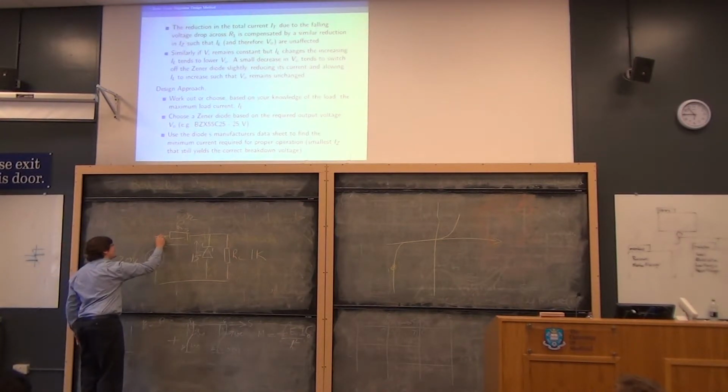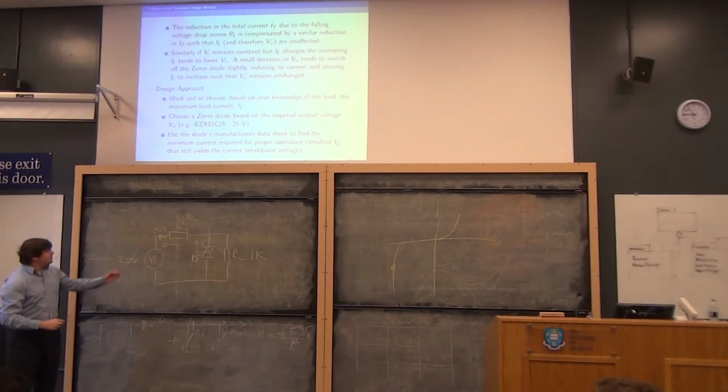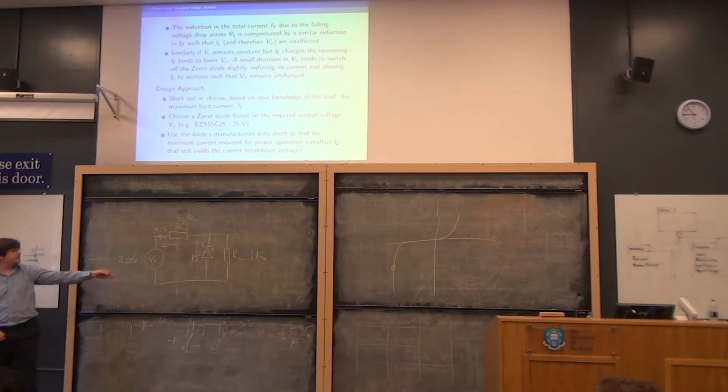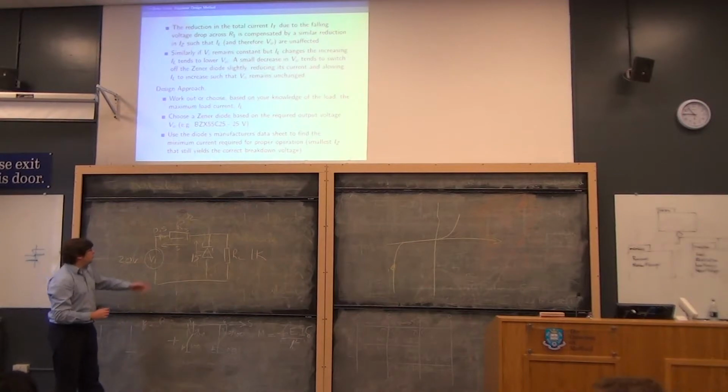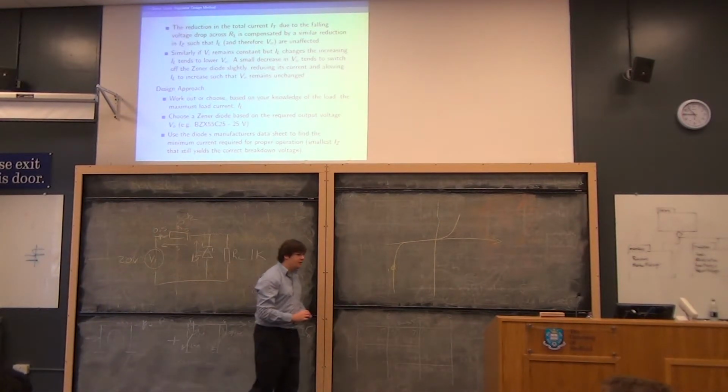So we got half an amp there. That's 5 volts. So our half an amp is going to get distributed between our 1 kilo ohm resistor and our Zener diode. Now, the majority of it must go through the Zener diode because a kilo ohm at 15 volts will only take 15 milliamps. So almost all of this, 485 milliamps, must be going through the Zener diode.